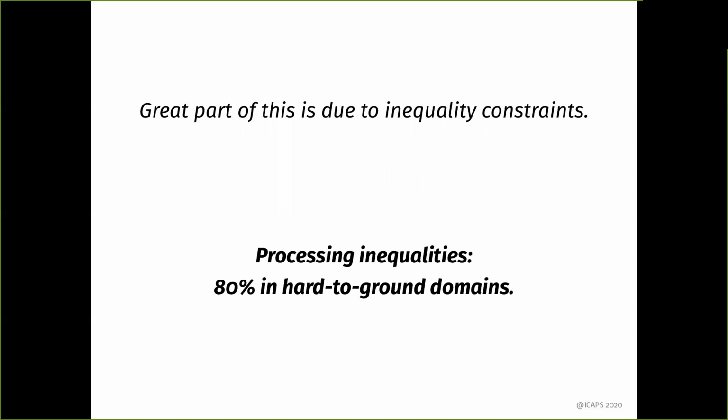So things saying that the object instantiating variable x should be different than the object instantiating variable y, and so on. So if we process inequalities separately, not as tables in the database, but based on their built-in meaning in the PDDL syntax, then the number of acyclic hypergraphs goes up to 80%, which is also good, because it means that most of the action schemas will also be tractable in these hard-to-ground domains.